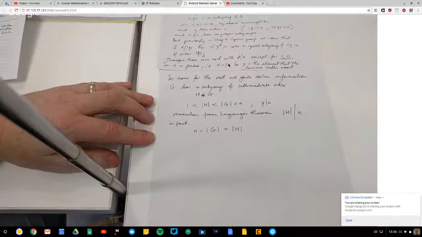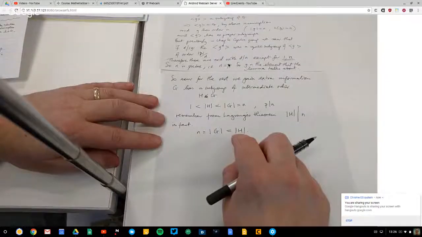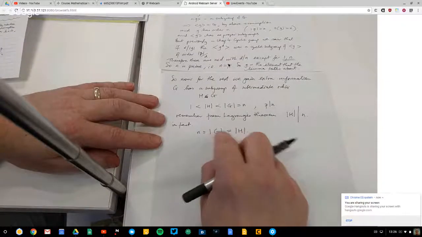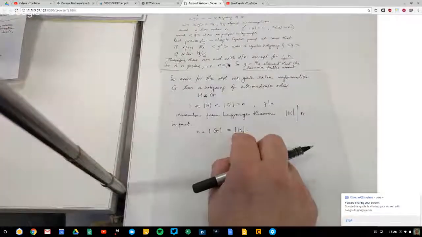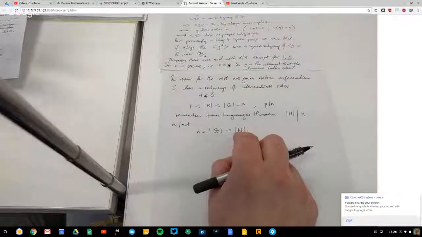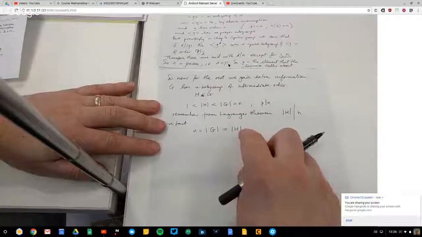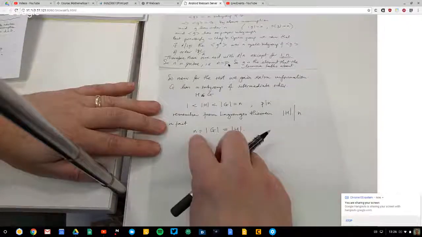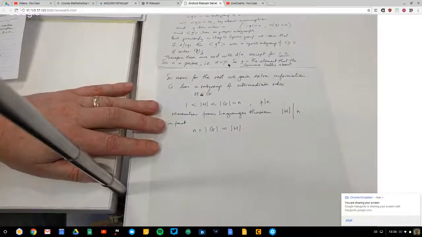Remember the proof of Lagrange's theorem? We partition G by subsets of H. Each of the cells in the partition has the same number of elements, the number of elements in H. So the complementary factor that completes this product is the number of cosets.